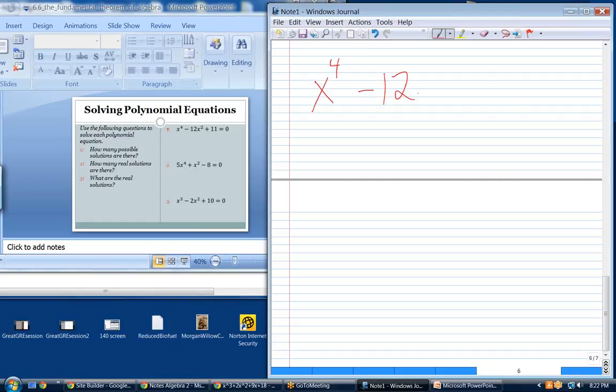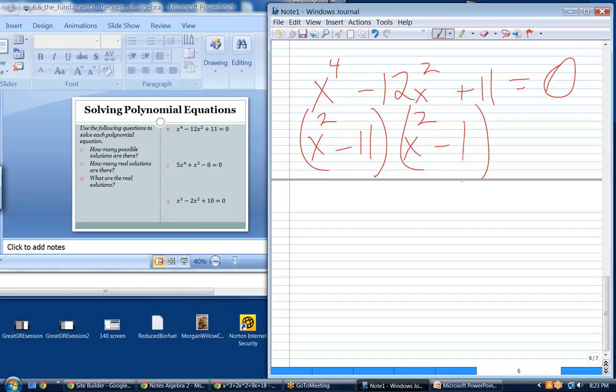There better be an easy way to solve it, otherwise we're going to be stuck. Factor it? No. Yeah? No, you're right, but how can we factor it? The x squared minus 11, x squared minus 1.